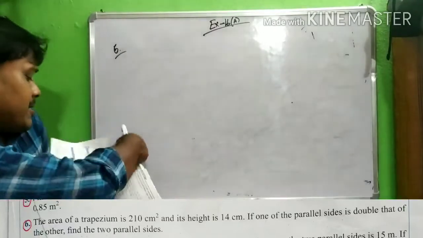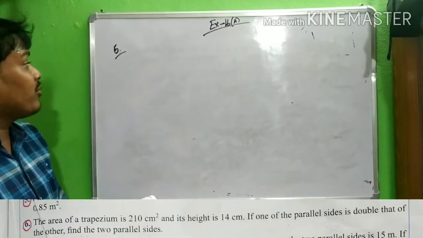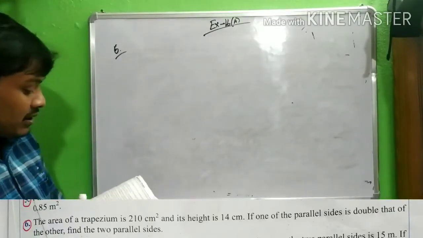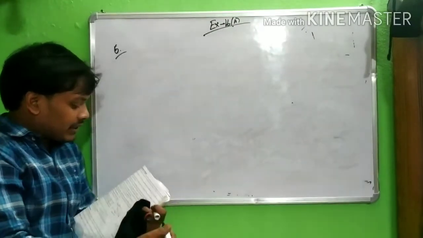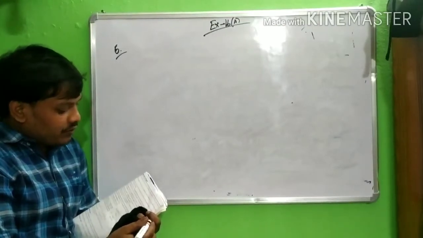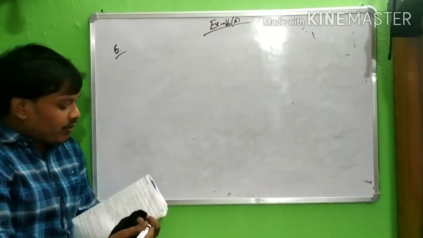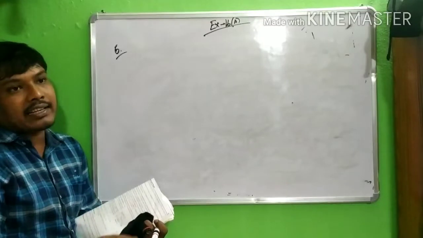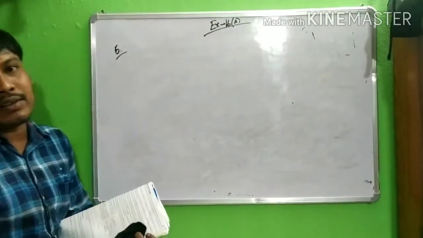Today I will try to display the question in the video. The question is, the area of the trapezium is 210 centimeter square and its height 14 centimeter. If one of the parallel side is double of the other, find the two parallel sides. So if one is x, then the other is 2x, and put x and 2x, so from there we can find the value of x.